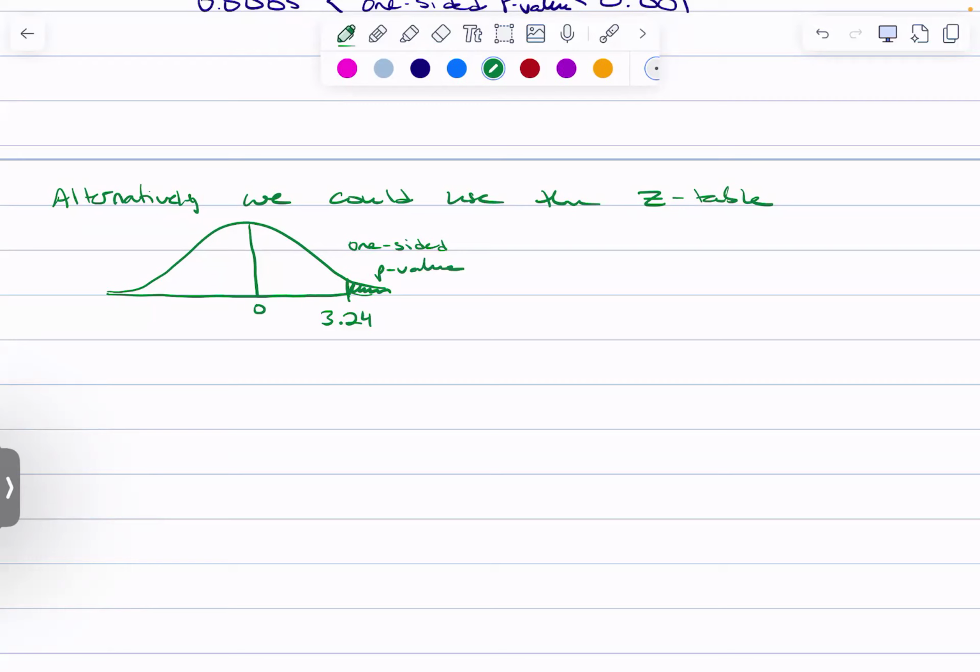So using the Z table, we can find the area to the left of 3.24. The table only gives us the area to the left, but then we can find the area to the right, which is the one we want.